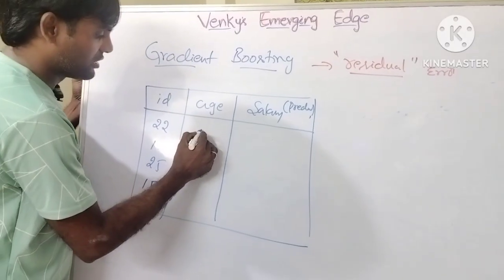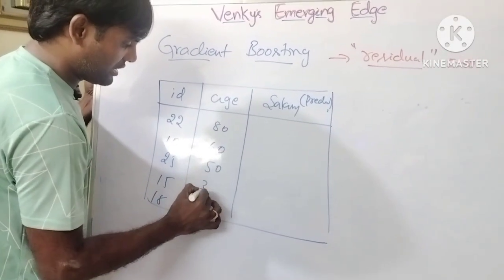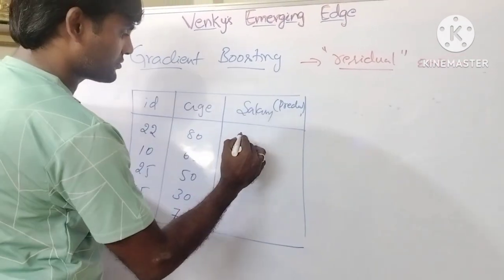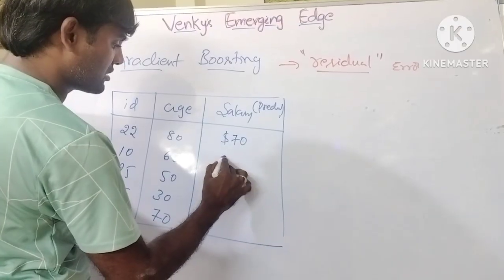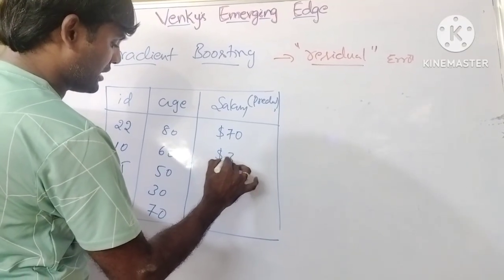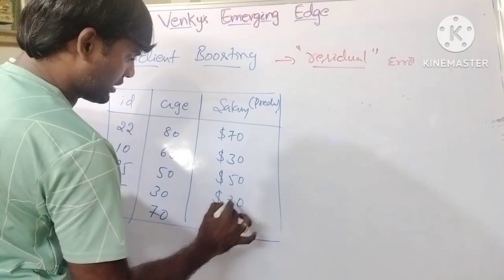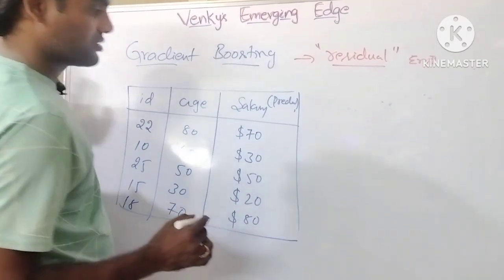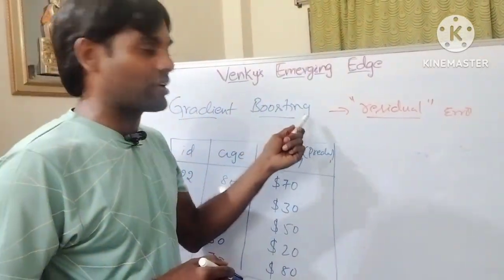Age: 80, 60, 50, 30, 70. Salary: $70K, $30K, $50K, $20K, $80K. Is it clear? So by applying gradient boosting, we can predict a new prediction.